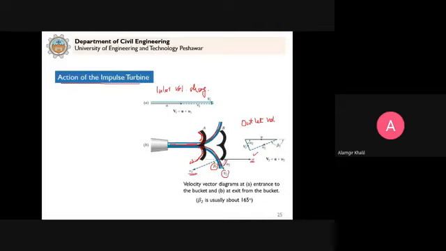Because we need to calculate the change of velocity, you need to know about the inlet and outlet velocity diagrams. Now in this case, because all the three velocities are parallel to each other, essentially we say that alpha 1 is equal to 0 and beta 1 is equal to 0.